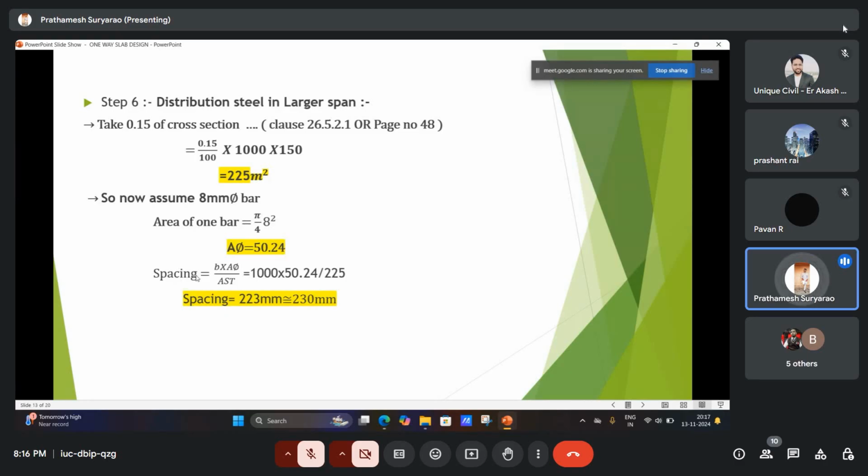So spacing equals b into a dia upon Ast. For the longer span, 1000 into the area of one bar upon 125, the spacing value will be 223 mm, which is also taken as 230. We will take the larger, 230 mm.